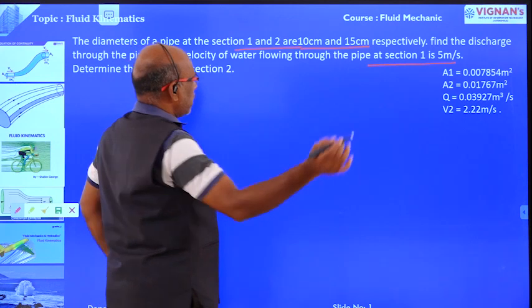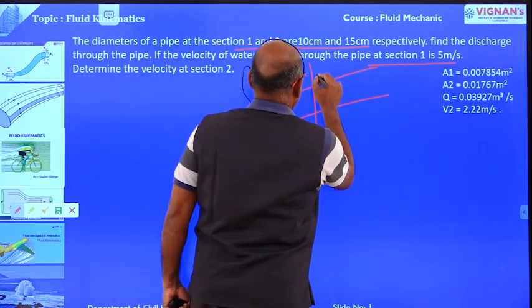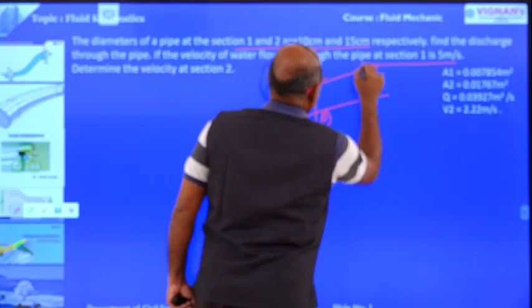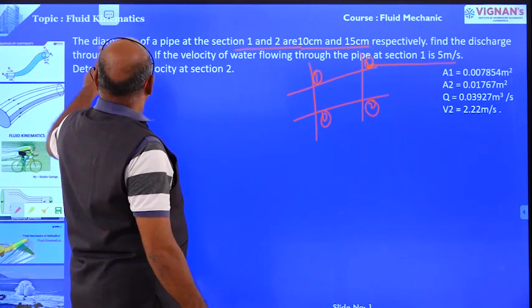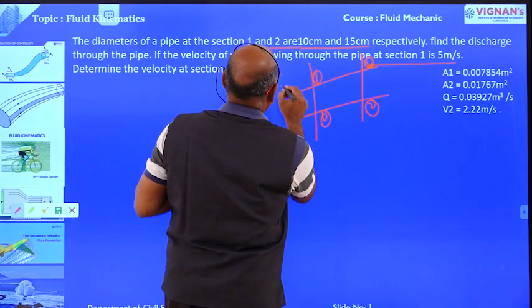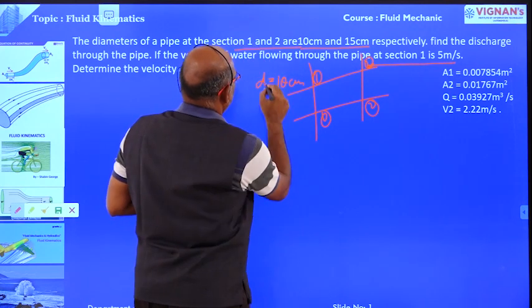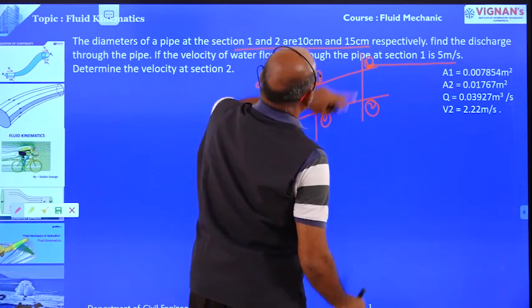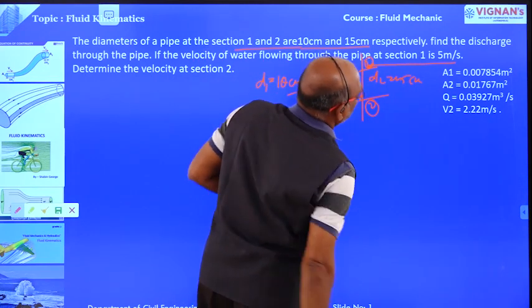Right, suppose this is one pipeline, this is section 1,1, this is section 2,2. The diameter of the pipe at section 1,1 is 10 centimeters, say D1, and at section 2,2, D2 is equal to 15 centimeters.